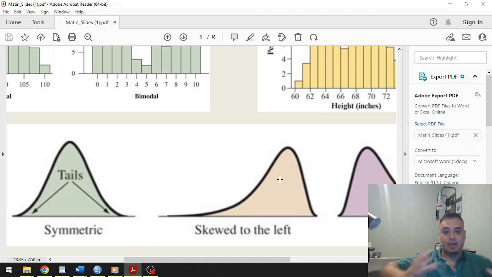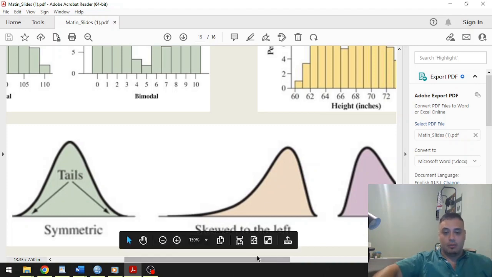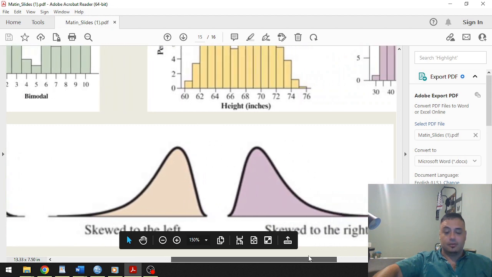The majority of people have average IQs. Or a distribution could also be skewed to the right, where everyone has the lowest IQs, and then a very marginal fraction of people have the highest IQs.